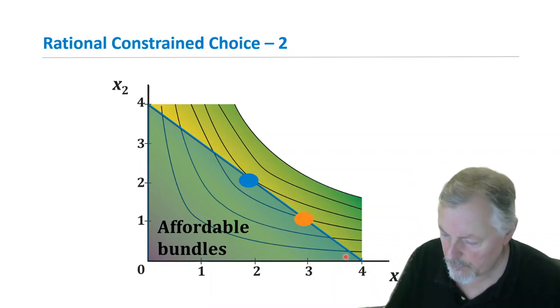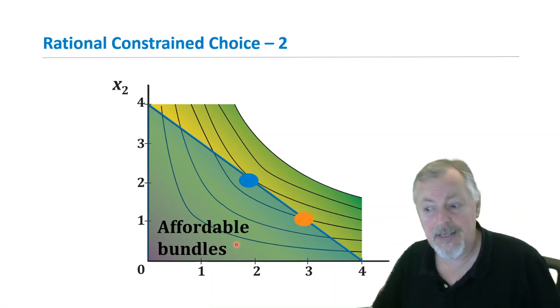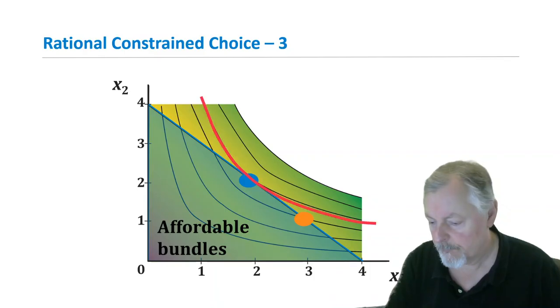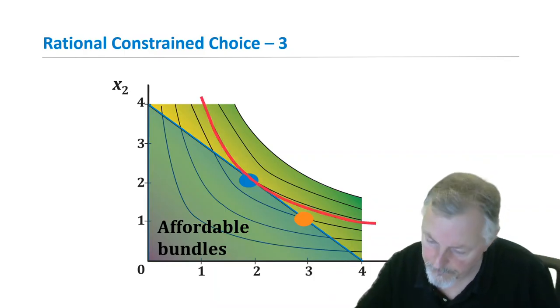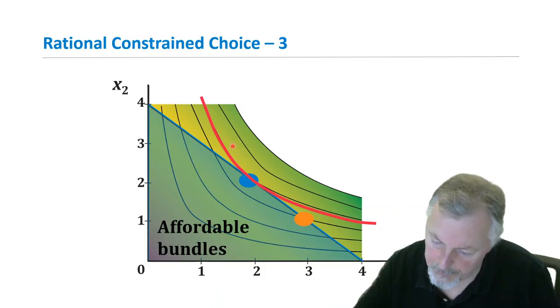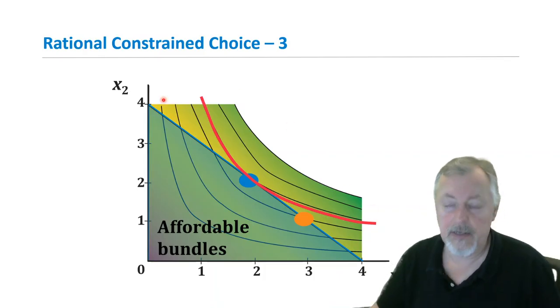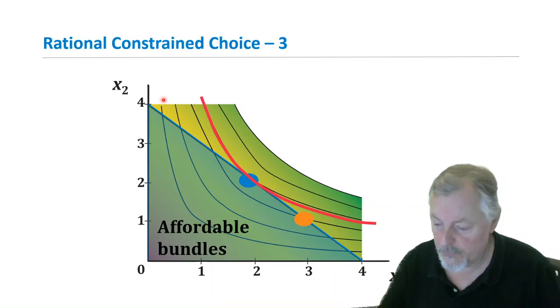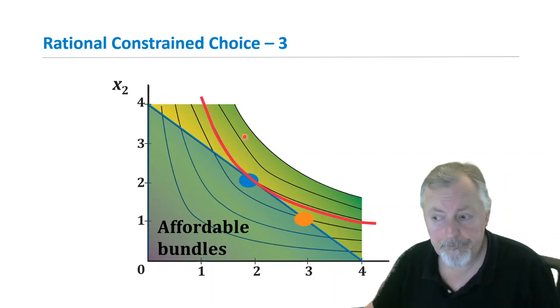These are all the consumption bundles that a person can have. They're in the budget set. These out here are beyond the budget constraint. They're outside the budget set. So the person cannot have, for example, that bundle right there.